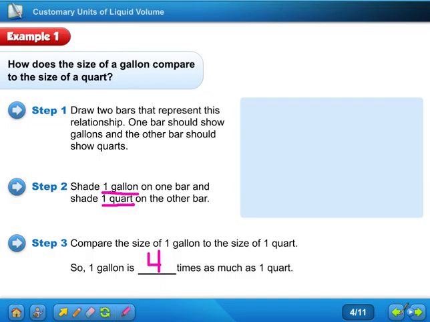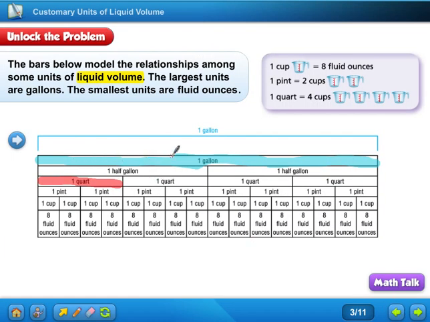We didn't draw the bar model, we did that on this page. We highlighted 1 gallon is equal to 4 quarts. We looked at the comparison chart right here also.